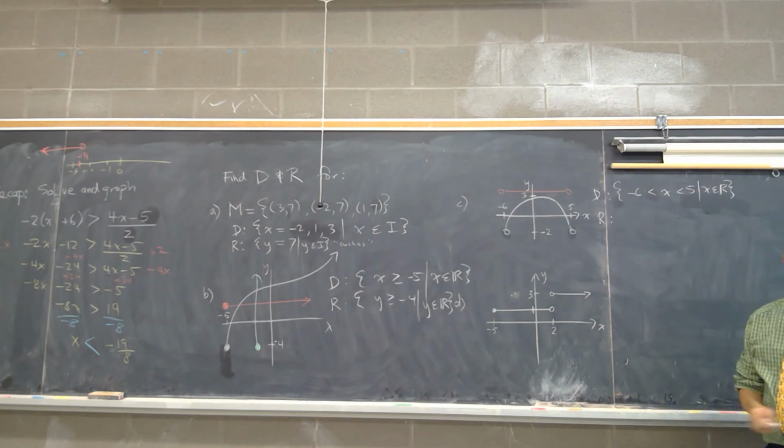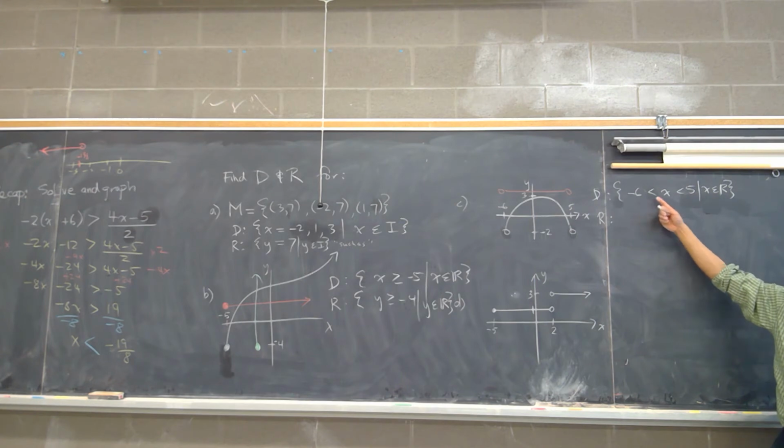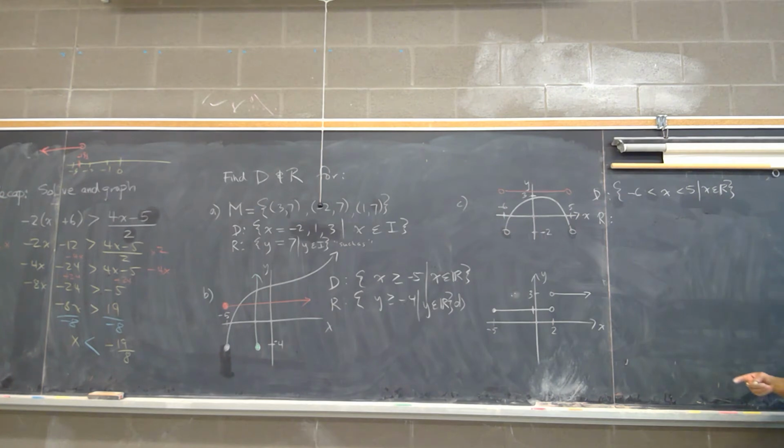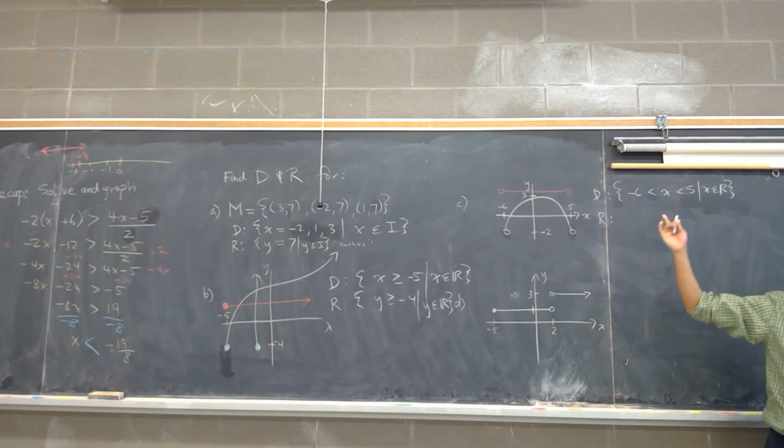This is how we write it, even though it looks weird: -6 is less than x, which is less than 5. What Adam said, people at home, x is greater than -6, but x is less than 5. Why do we write it this way?